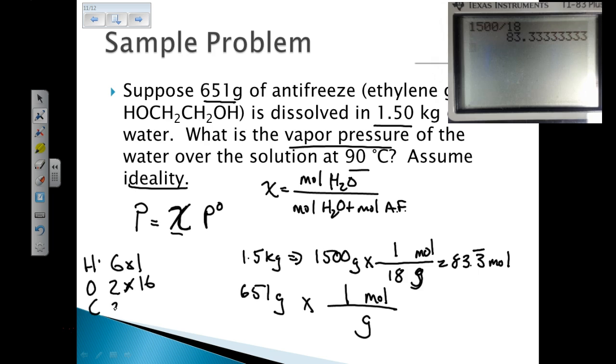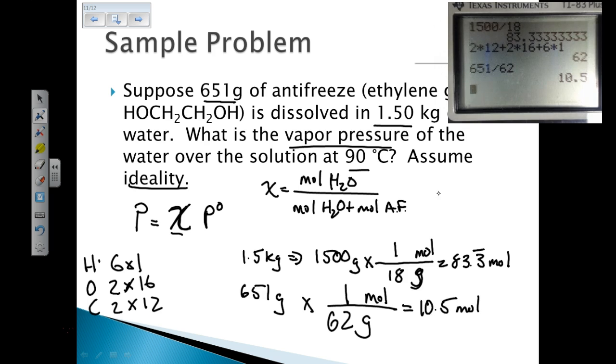And carbon, there are 2 times approximately 12. So 2 times 12 plus 2 times 16 plus 6 times 1, and we get 62. So 62 grams is equal to 1 mole. So 651 divided by 62 is 10.5 moles.